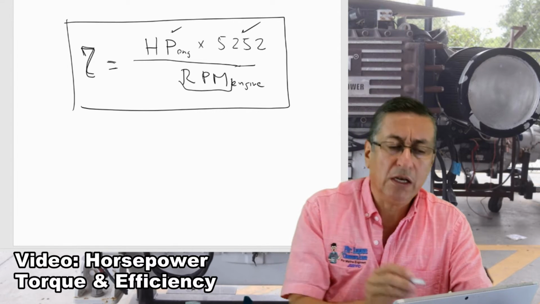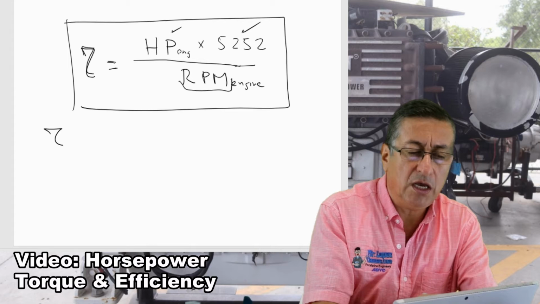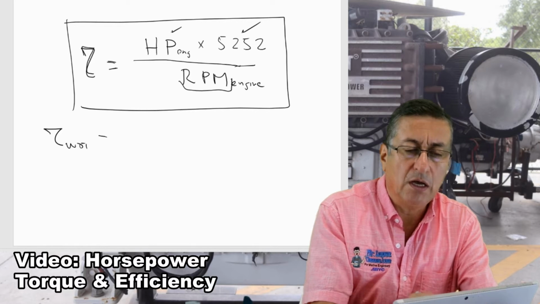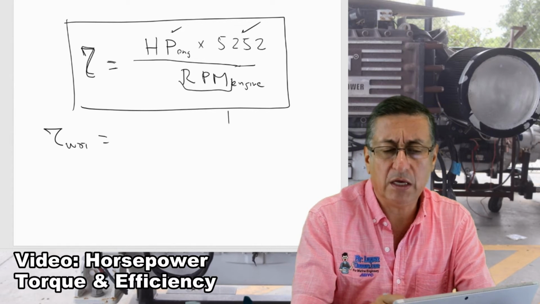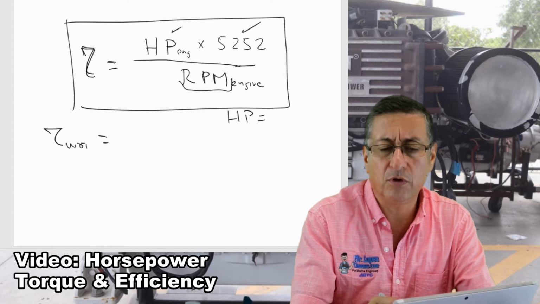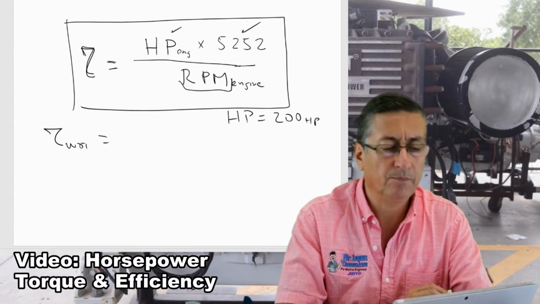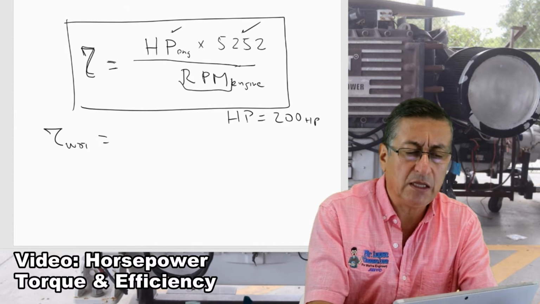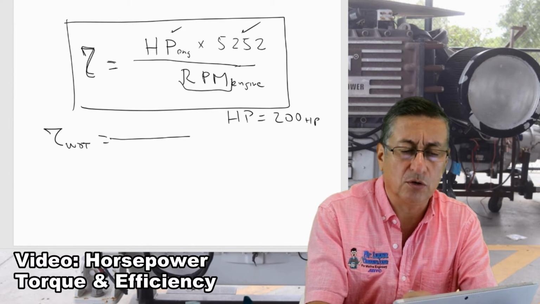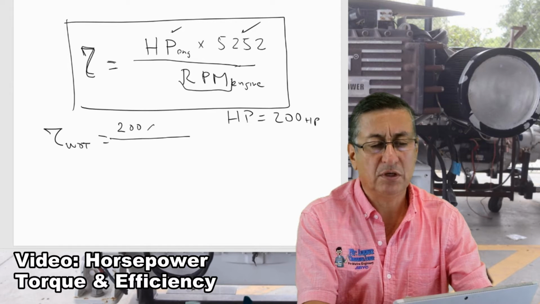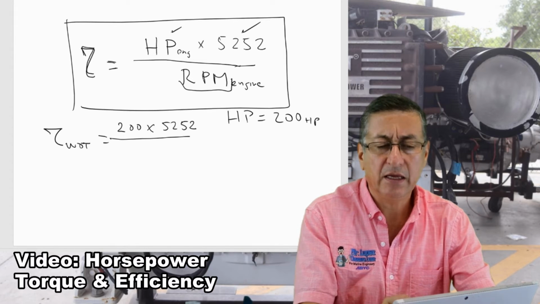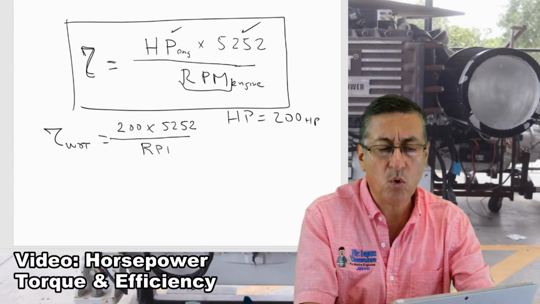Alright, we are going to calculate the torque at wide open throttle. Suppose that we have an engine of 200 horsepower. This is the power of the engine. Okay, we are going to calculate the torque at wide open throttle. It is 200 times 52 and divided by the RPMs at wide open throttle.